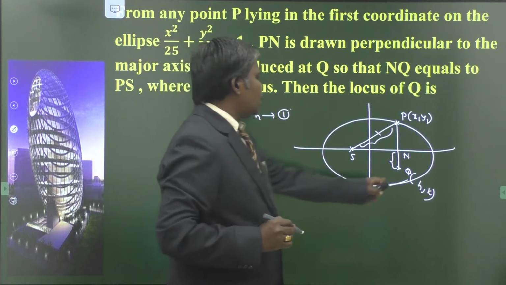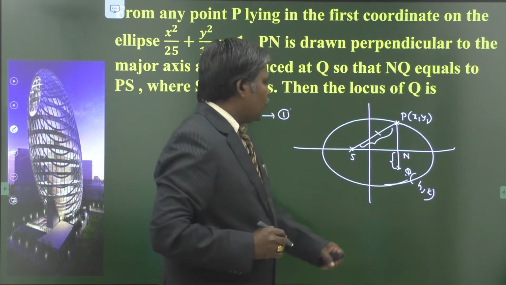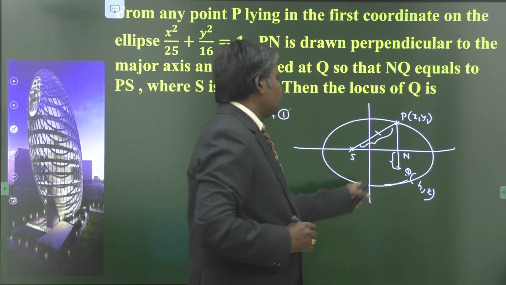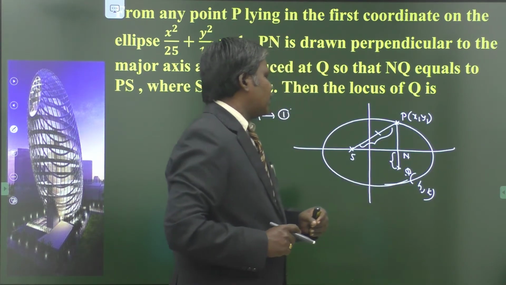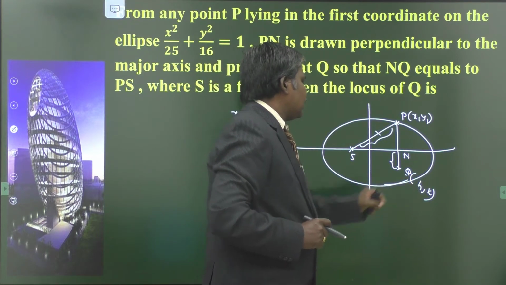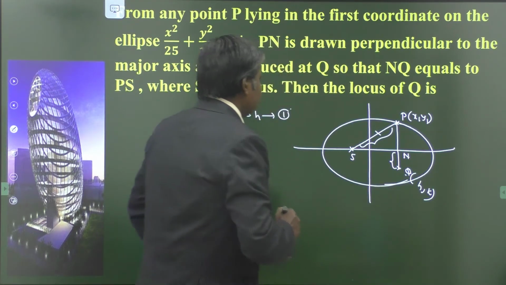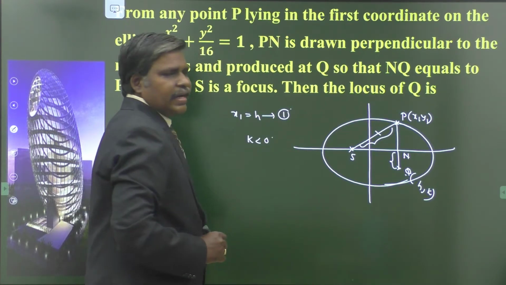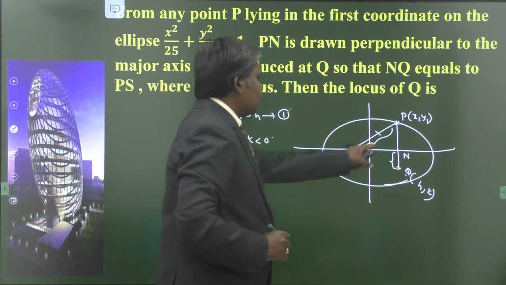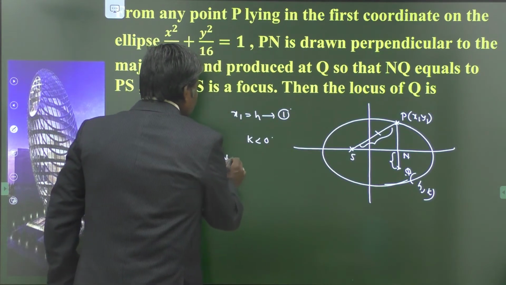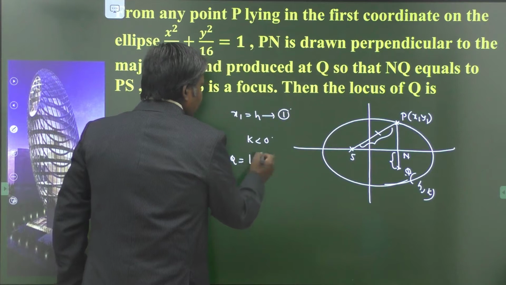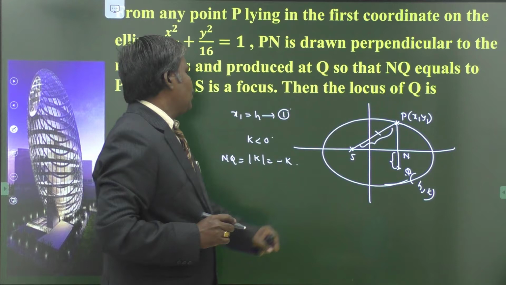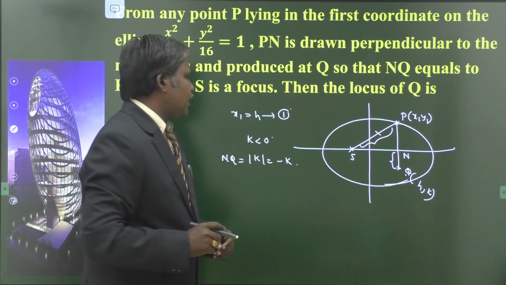We are going to find the locus for Q. Now clearly Q is below the x-axis, in the fourth quadrant. For the fourth quadrant, h is positive, k is negative. So k less than 0. This is the second observation. Now what is NQ? NQ is equal to modulus of k, that is nothing but minus k, because k less than 0.